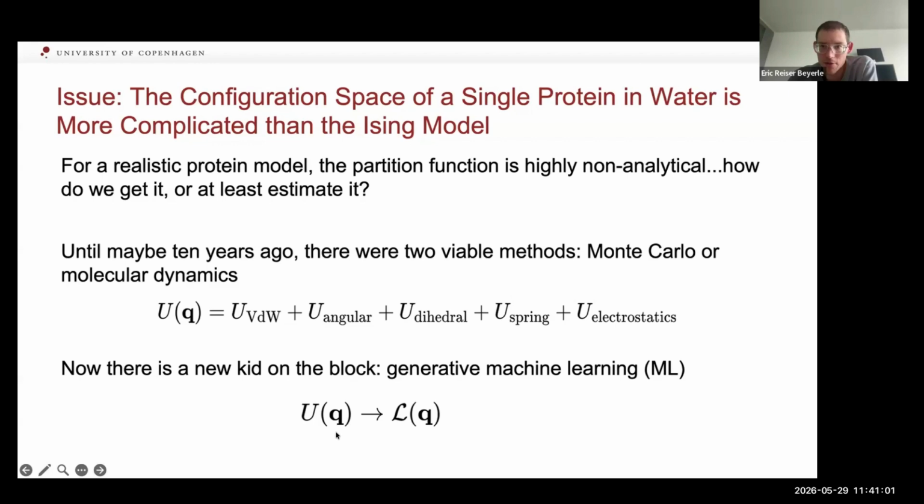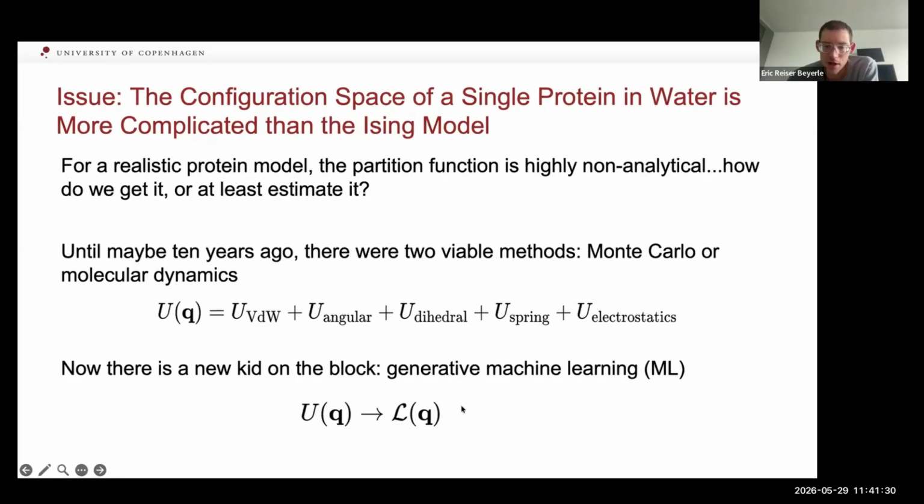What they do instead is take a bunch of structures from the PDB and MD simulations, train a bunch of weights, and minimize the loss function. It isn't an exact analogy, but the point is that with these ML models, instead of an analytical energy function, you have a probabilistic loss function that's minimized. The idea is that you effectively learn a pseudo energy via the loss function, I would say.